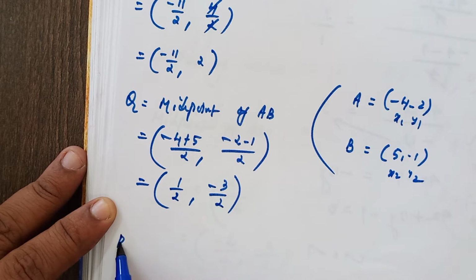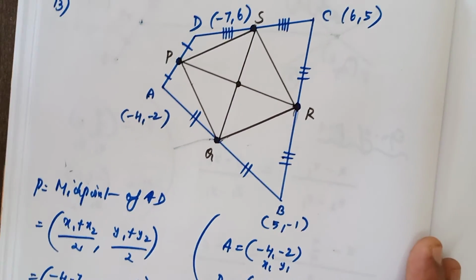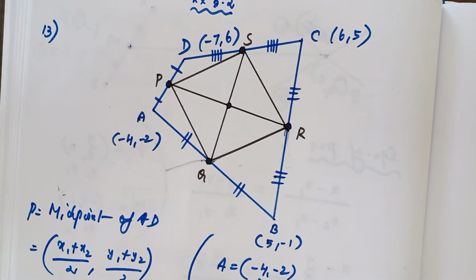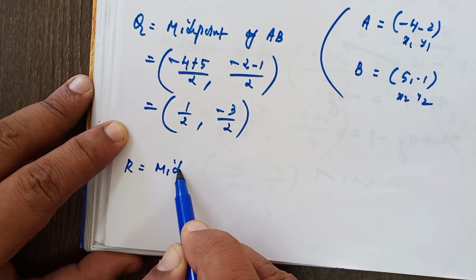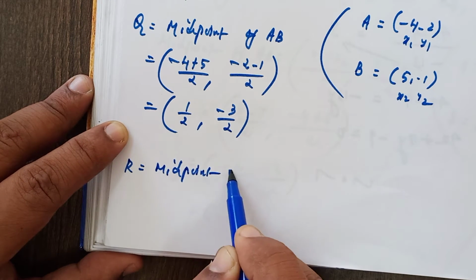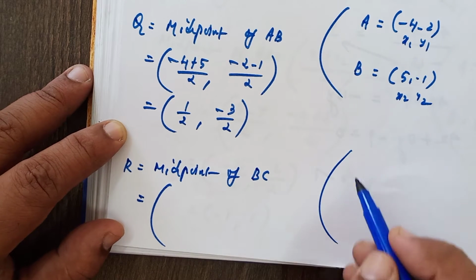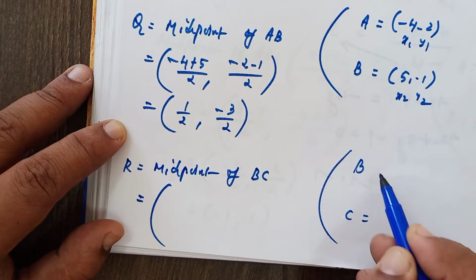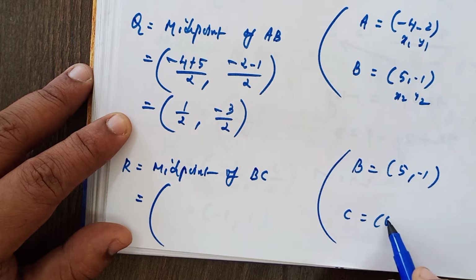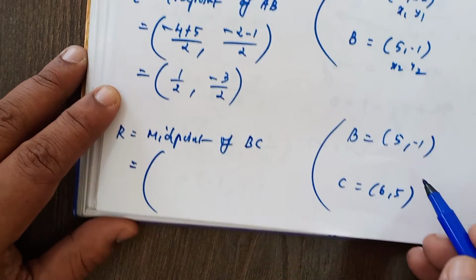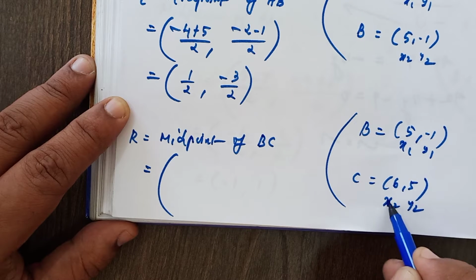Now R is the midpoint of BC. So R is equal to the midpoint of B and C points. I write over here B is (5, -1), C is (6, 5). This is x1 y1 x2 y2.